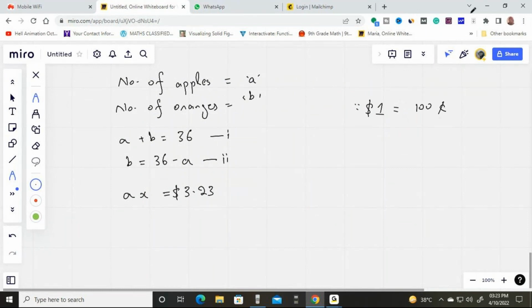So 1 cent will be equal to 1 upon 100 dollars, so x cents will be equal to x upon 100. So a number of apples were bought at this much price, which is equal to 3.23.